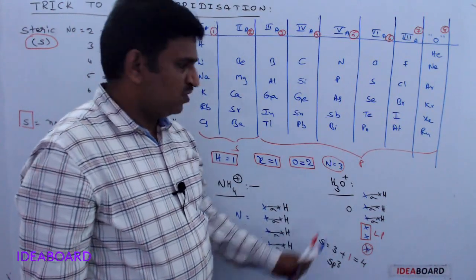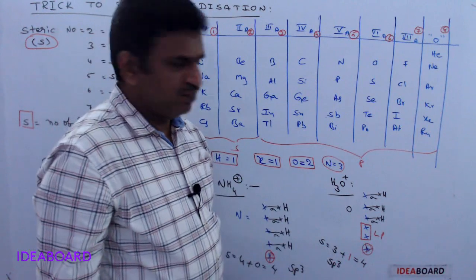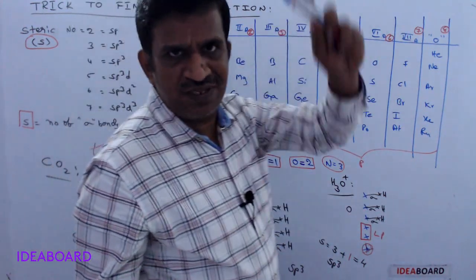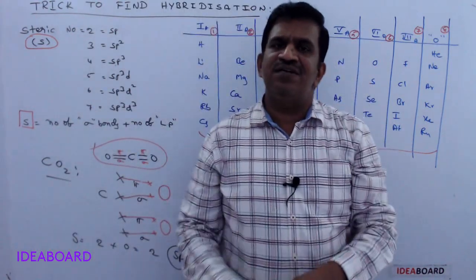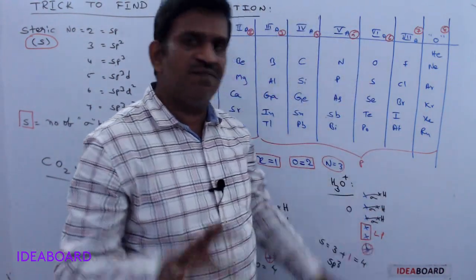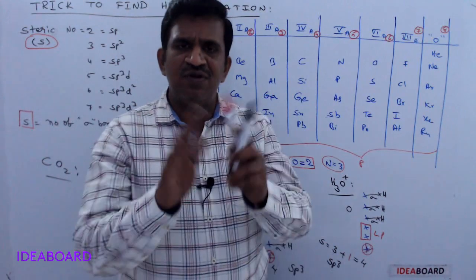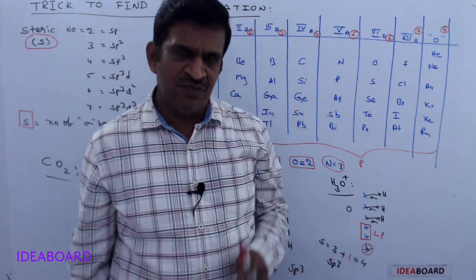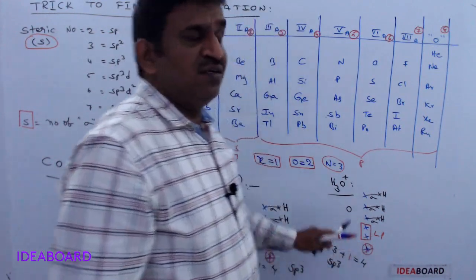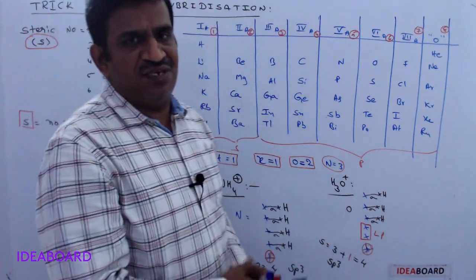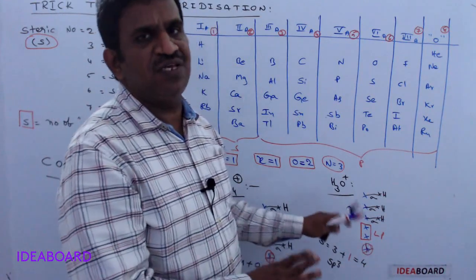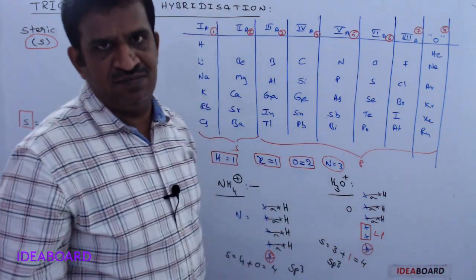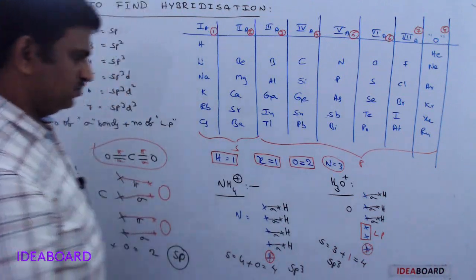Is this having a tetrahedral shape? No. It is not having a tetrahedral shape, because it has a lone pair. As per the VSEPR theory, if there is a lone pair, there are lone pair-bond pair repulsions. Because of lone pair-bond pair repulsion, the shape will change, the geometry will change. So I will give the geometry as per the table of VSEPR theory. It has a pyramidal shape. I will give later the shape based on the lone pairs present.